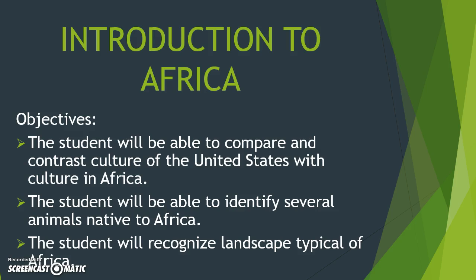And lastly, the student will be able to recognize landscape typical to Africa. What are some of the types of landscapes that you noticed in the videos that we shared regarding Africa? There's a lot of desert. There's some lonesome trees.